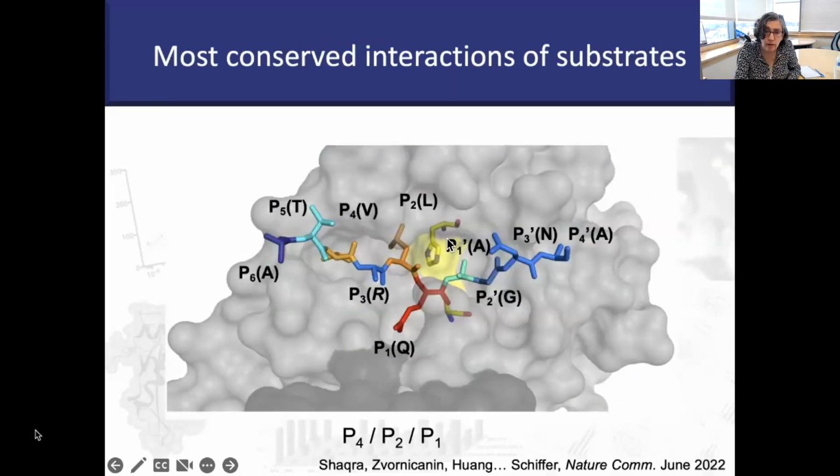If we flip it on its head and look at the interactions with the substrates, not surprisingly, the conserved glutamine at P1 makes the most extensive interactions of all the substrates, with the P2 and the P4 residues making the next most conserved interactions.